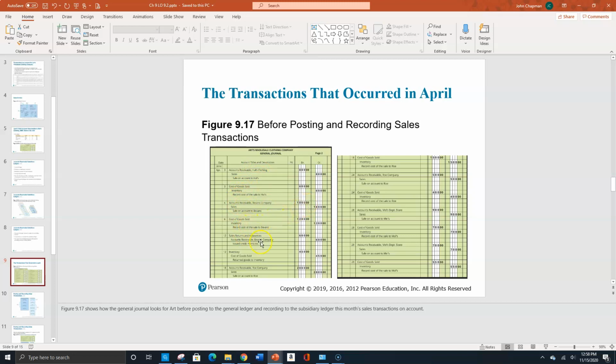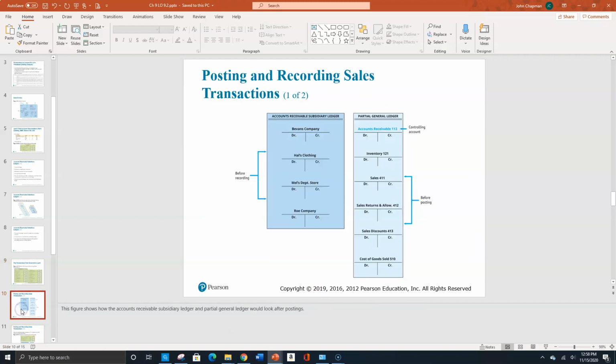So you can see where the detail is recorded here. Okay, so then you post them in your T accounts, where we'll have the controlling account here, and then we'll have separate ledgers or separate accounts for each one of those accounts receivable as well.